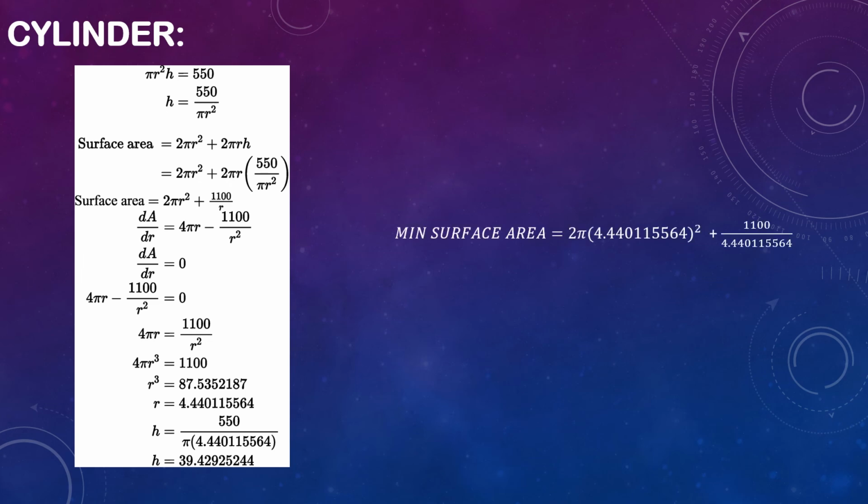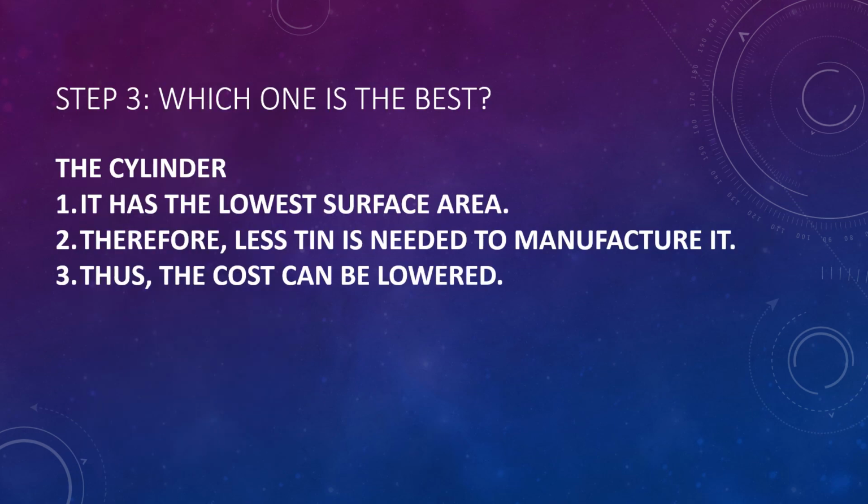So for the minimum surface area, we sub all the height and the radius into the surface area formula, and we found out that the minimum surface area is 371.6119451 centimeters squared.